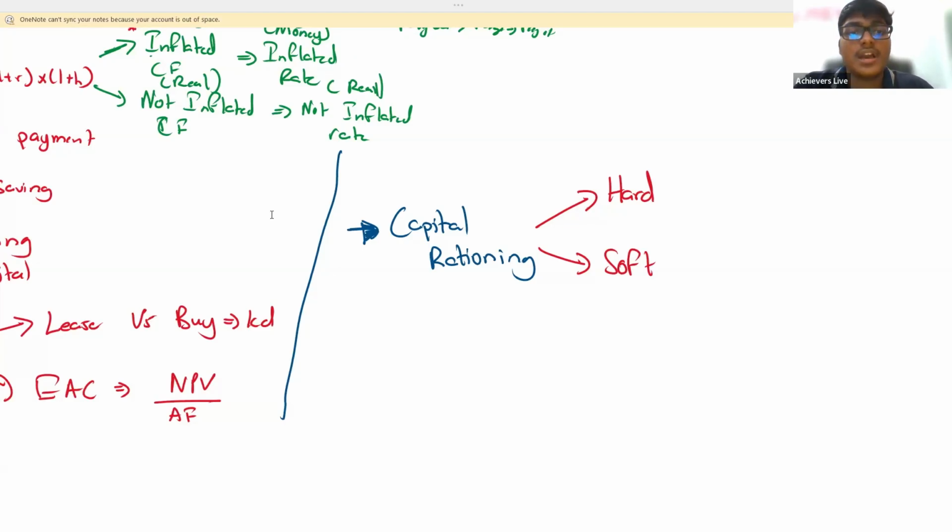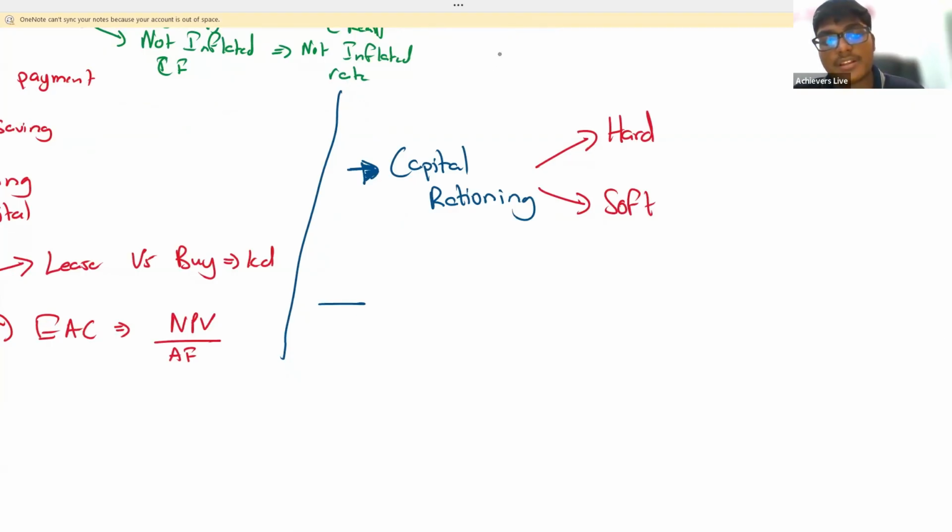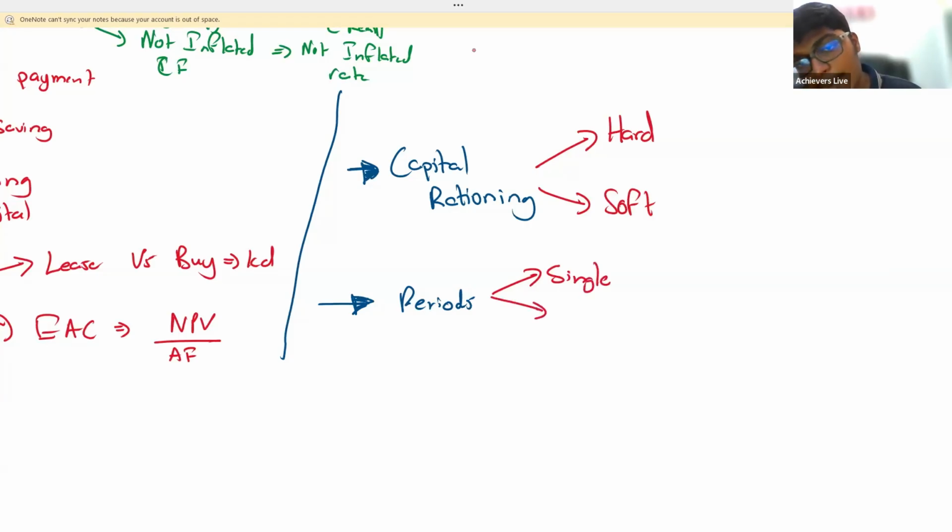Okay. So next we are going to look at the different periods of capital rationing. Same continuation, but periods of capital rationing. So you have single period capital rationing and you have multi-period capital rationing. Single period capital rationing occurs when you don't have funds for one period, this period only.